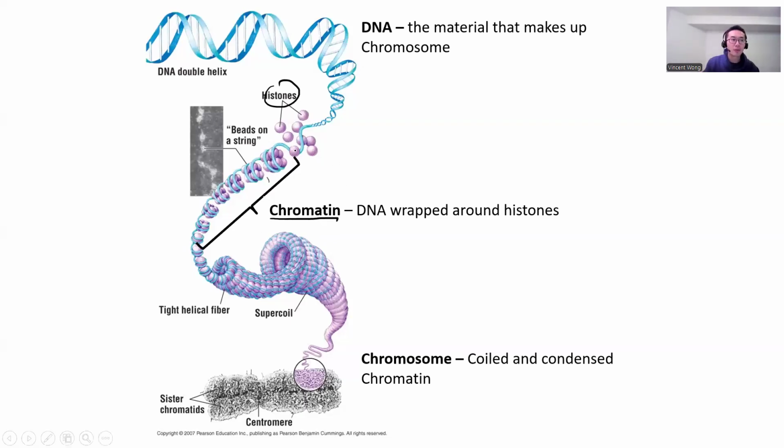When the cell is actually undergoing cell division or mitosis, then you need to compact the DNA even further to make it easier to move around and manipulate. And so the chromatin will package itself around more proteins and form this supercoiled and condensed version called the chromosome. Okay. So chromosome, chromatin, DNA are all made up of DNA. It's just a different level of condensation. The most compact, the most condensed version being the chromosome.